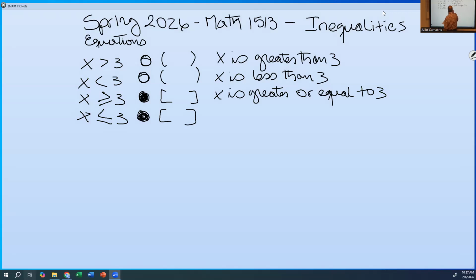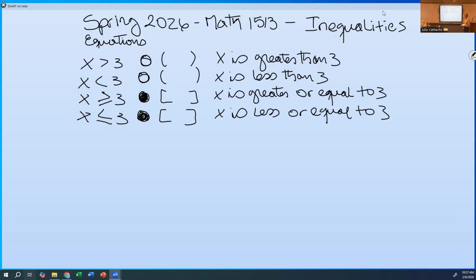And the last one is saying that x is less than or equal to 3. So you have these four expressions that you will see when we're doing inequalities.